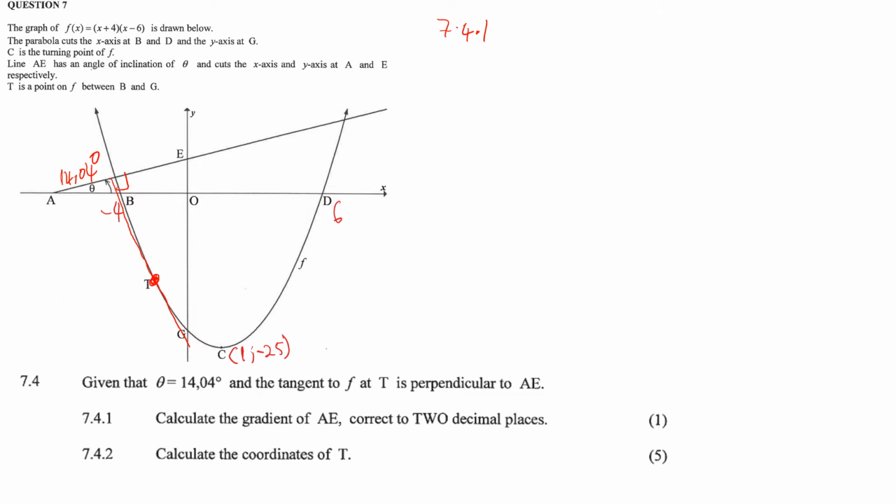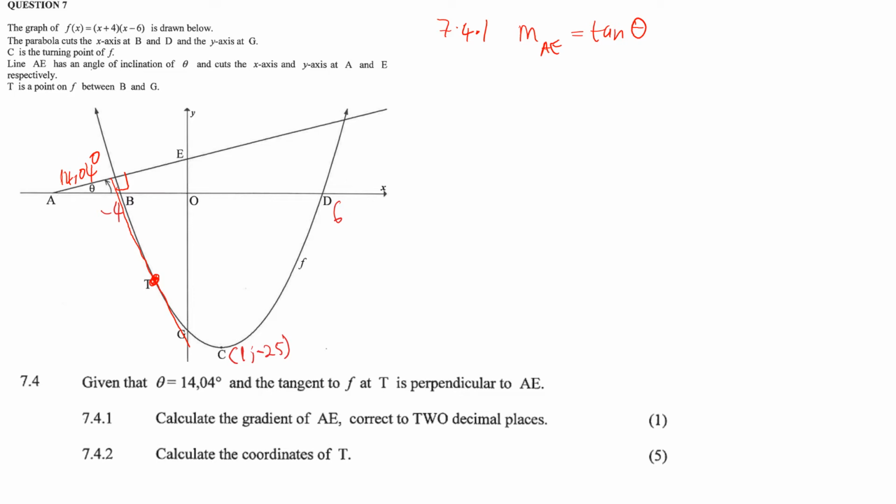Okay, so we are given the angle of inclination. You have to think of what you learned in paper 2, right? Angle of inclination is an angle between the x-axis and that line. So how can we use this to calculate the gradient of AE? It's very simple. We say gradient of AE is equal to tan what? Tan theta, right?